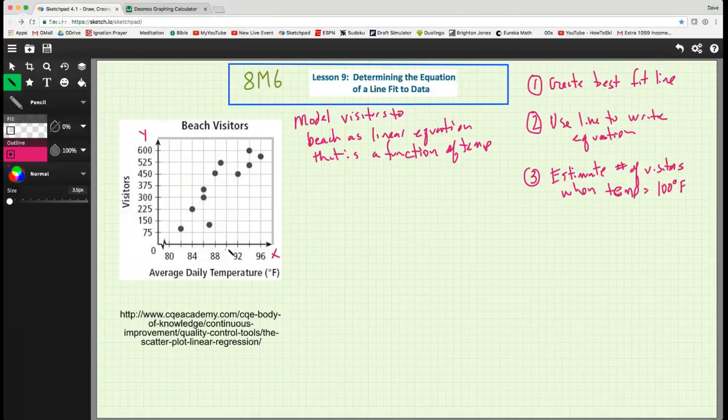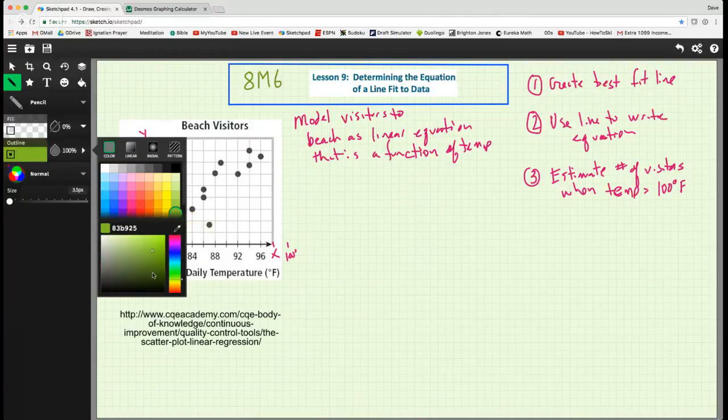We don't have data points for, this would be 98 and this would be 100 degrees. There is no data for 100. So we can guess that there's going to be more than 600 visitors somewhere over here, but how many? So let's figure that out.